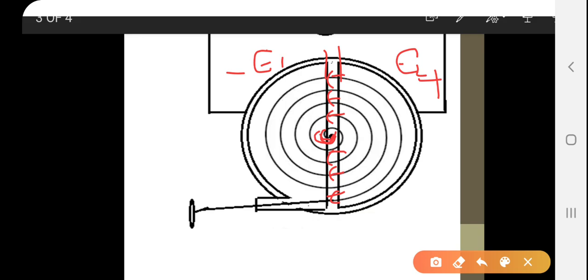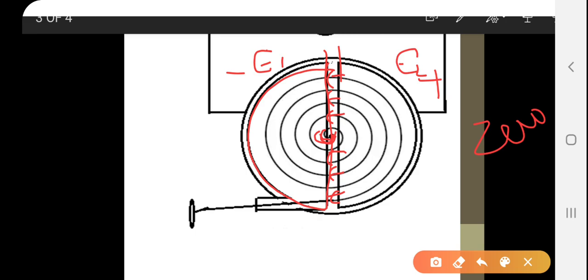Inside this cylinder there is no electric field, there is only a magnetic field. If there is no electric field, the potential difference is 0, so there will be no acceleration inside the cylinder.